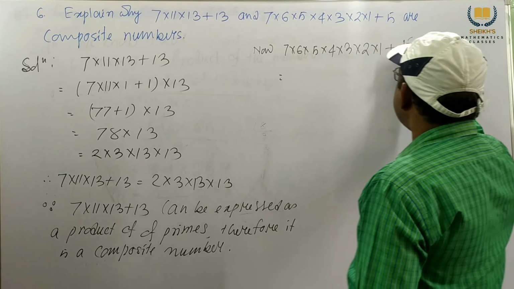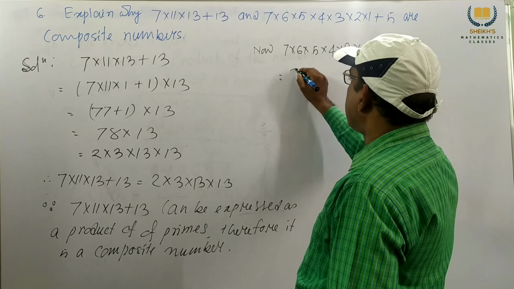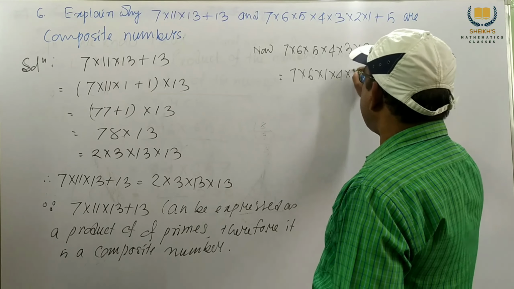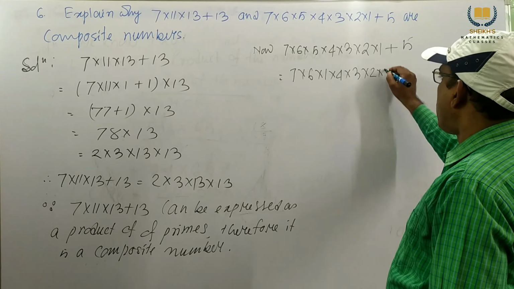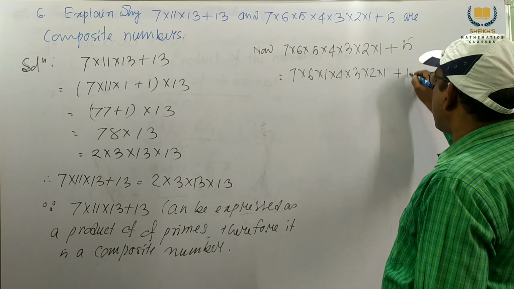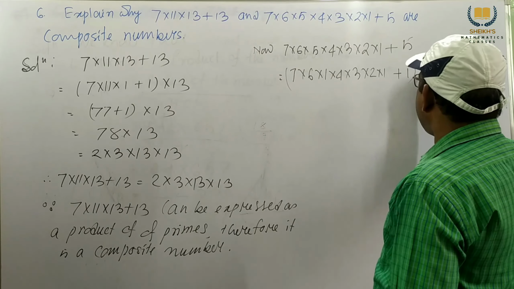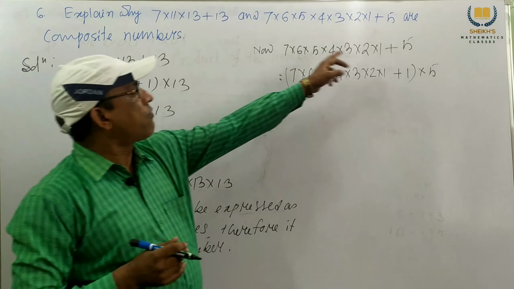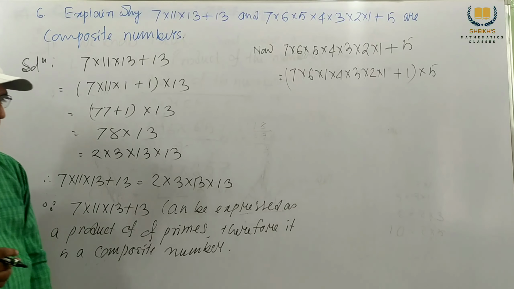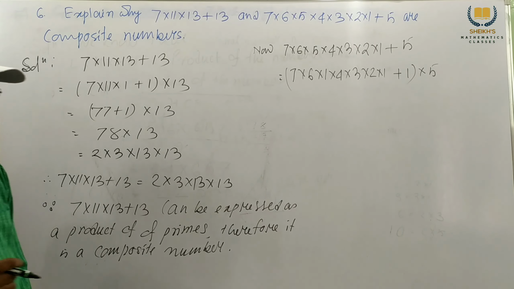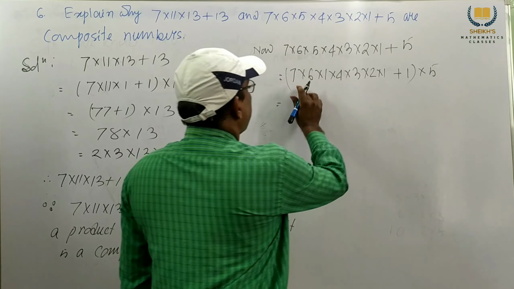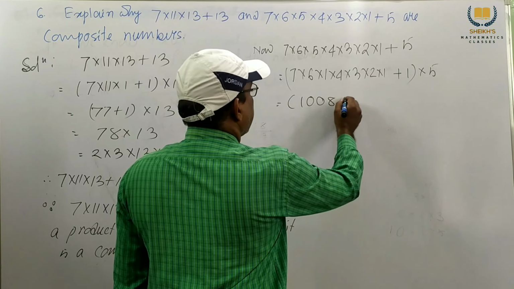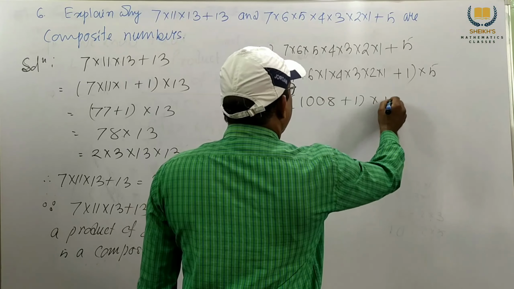From this we take 5 common, so (7 into 6 into 1 into 4 into 3 into 2 into 1 plus 1) into 5. Multiplying this, we get (1008 plus 1) into 5.